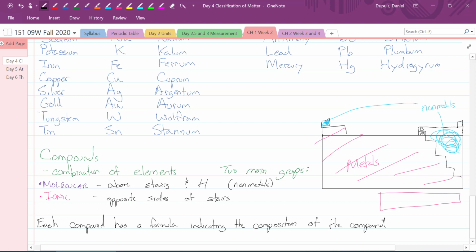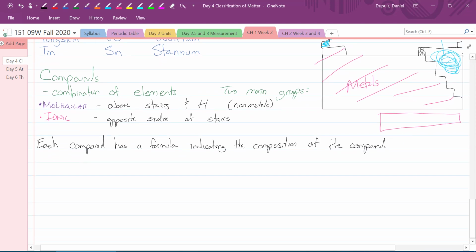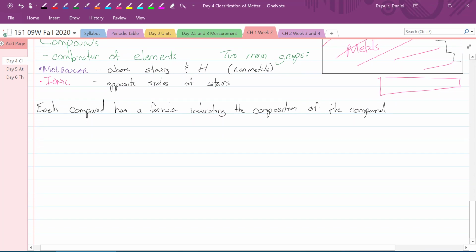So let's look at some of these formulas. Some formulas would be like H2O, CO2, CH4, NaCl, Cu(NO3)2.